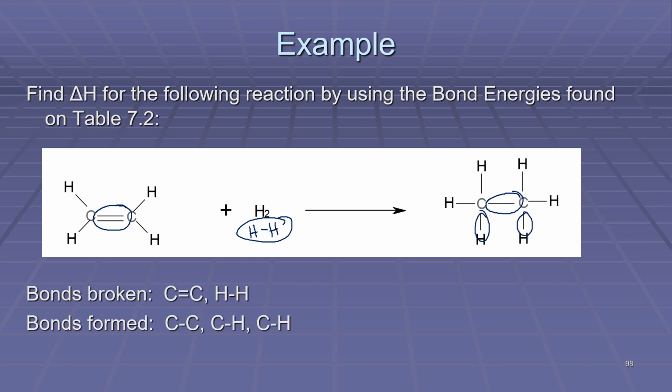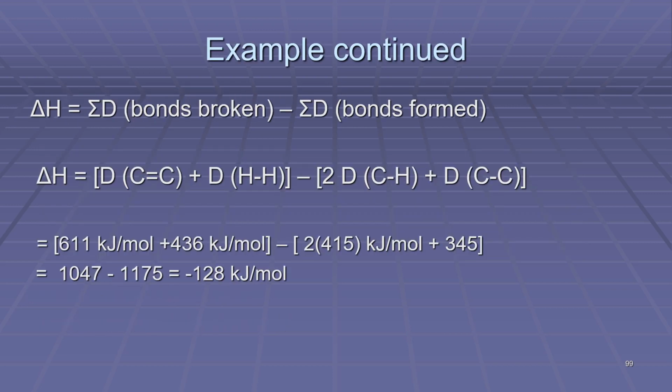So we are breaking a CC double bond, we're breaking an HH bond, and we are forming a CC single bond and 2 CH single bonds. So we can look those values up. Again, the sum of all the bonds broken minus the sum of all the bonds formed: the CC plus the HH, minus 2 CHs plus a CC.